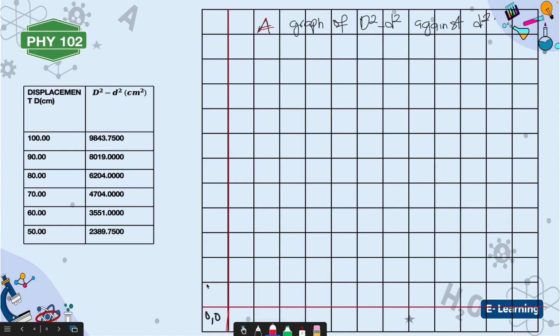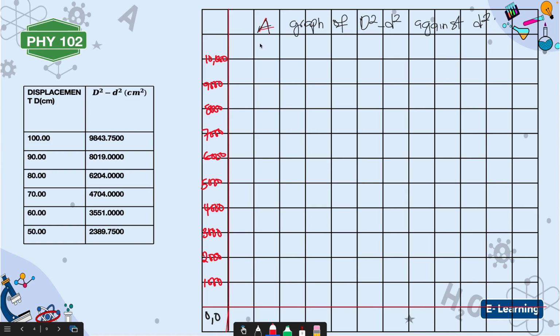So here will be 1000, here will be 2000, 3000, 4000, 5000, 6000, 7000, 8000, 9000, 10,000. And then you have 10,000 and upward.